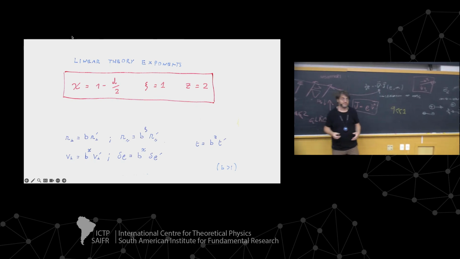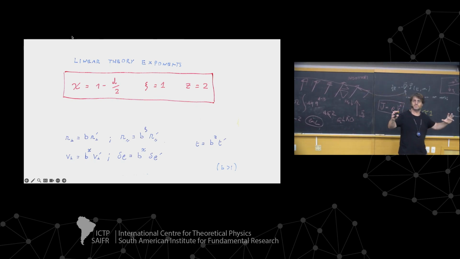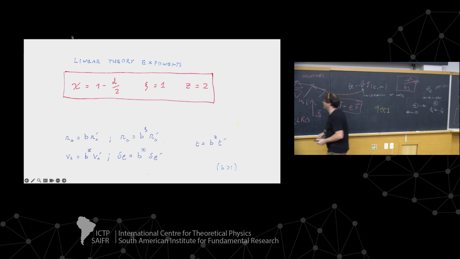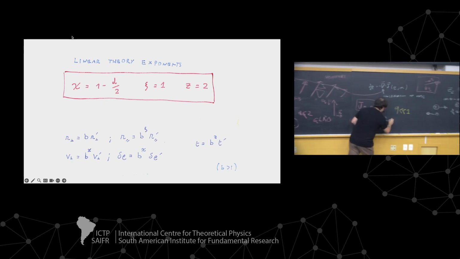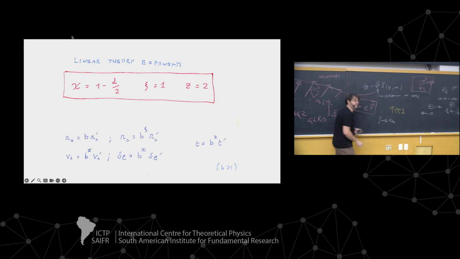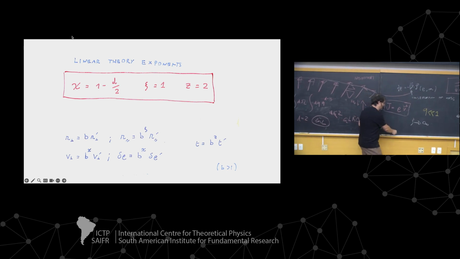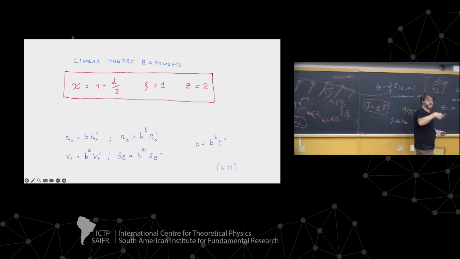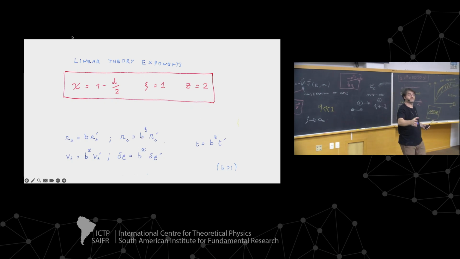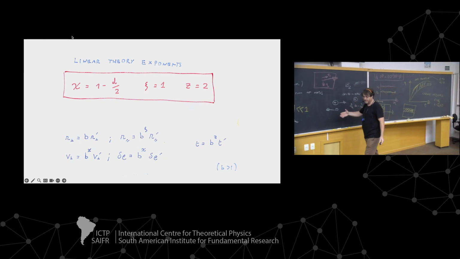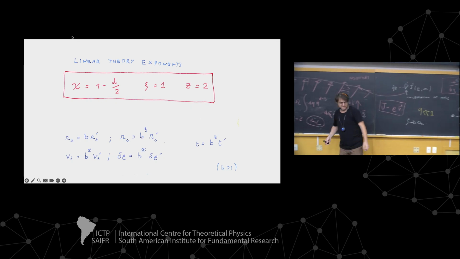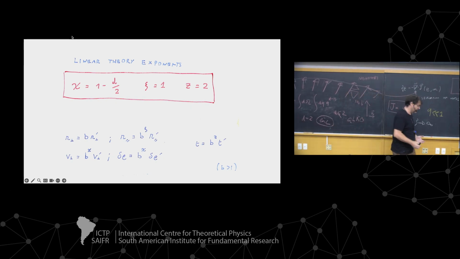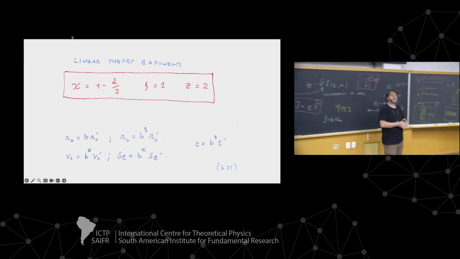You have a system which is scale invariant, which means, as I told you, the correlation length, which is the only scale we had in an infinite system, went to infinity, so we are without any scale. We have power laws, which by definition are objects which don't change under the rescaling of the scales in your system.